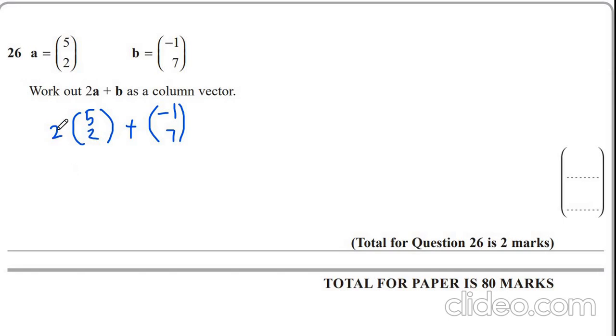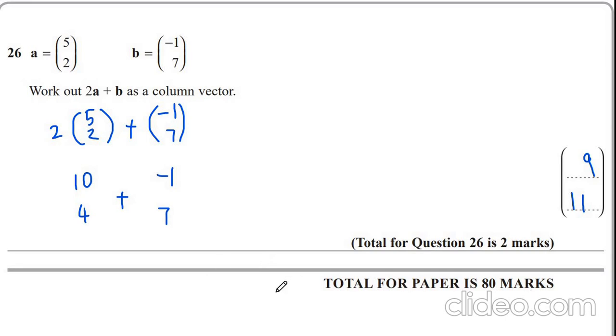So now remember to multiply each of the numbers with 2. So 10, 4 plus -1 and 7. 10 plus -1 is 10 take away 1, that is 9. 4 plus 7 is 11.